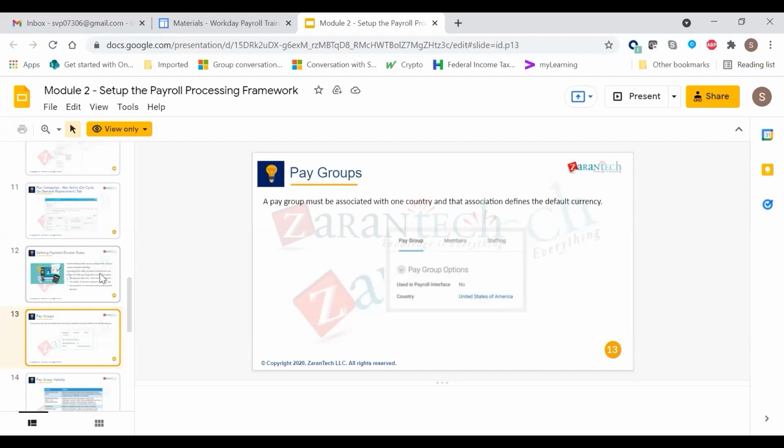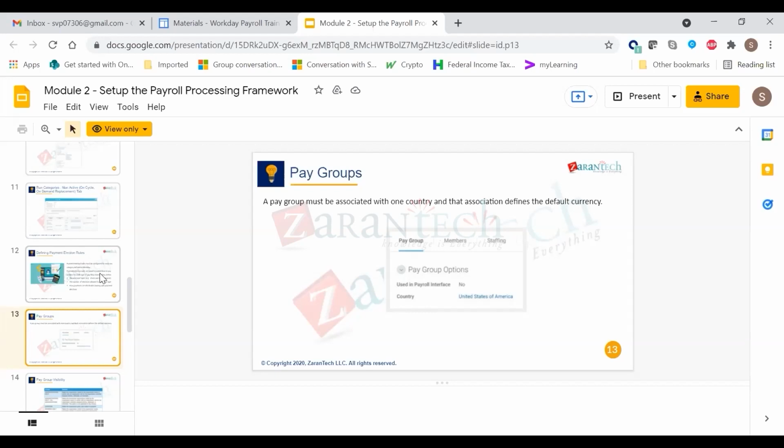That gives me good control. At the same time, I divided my 100,000 employees into 5 groups, which means that all of this payroll team can kickstart their pay calculations concurrently. So all the pay groups will run in parallel to make maximum usage of the system. So these are some of the design factors we need to consider when we are forming pay groups.